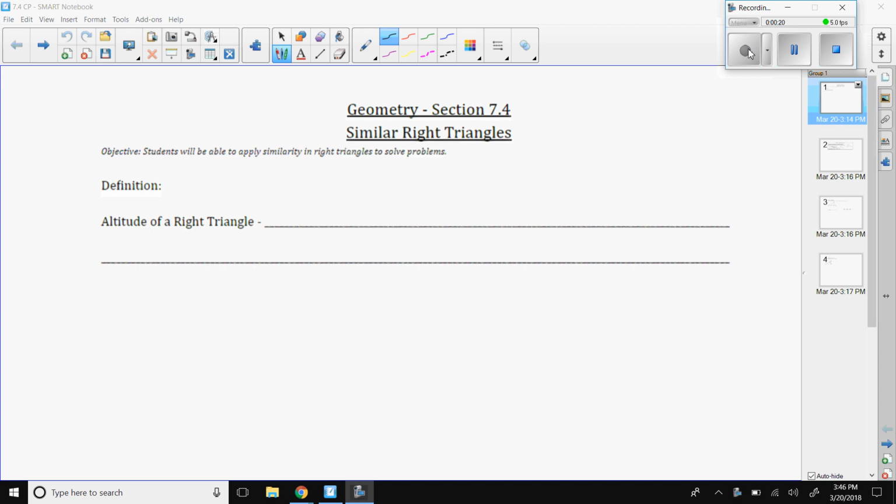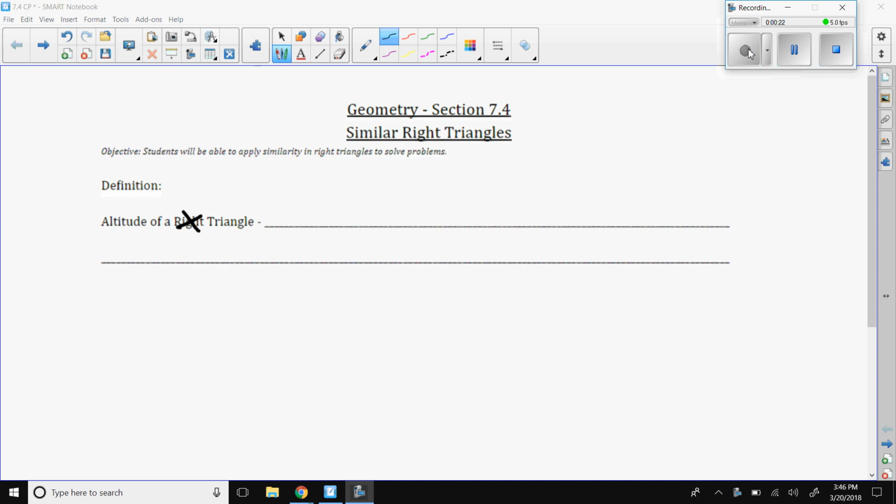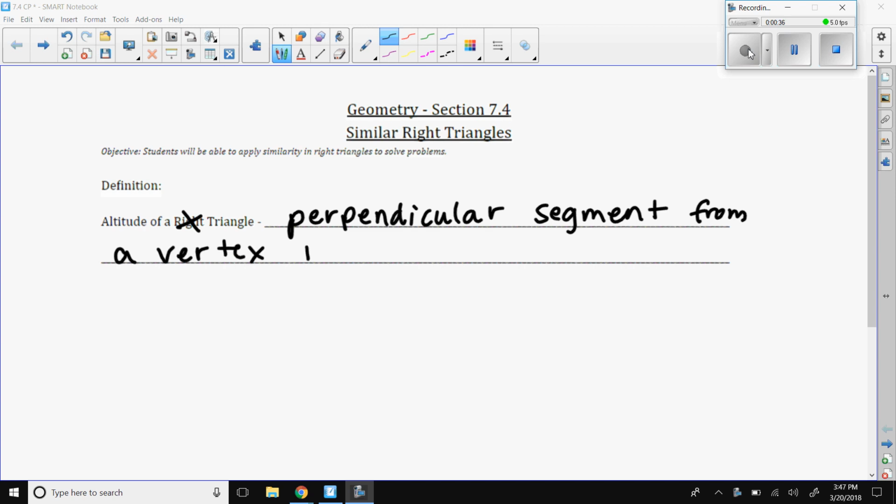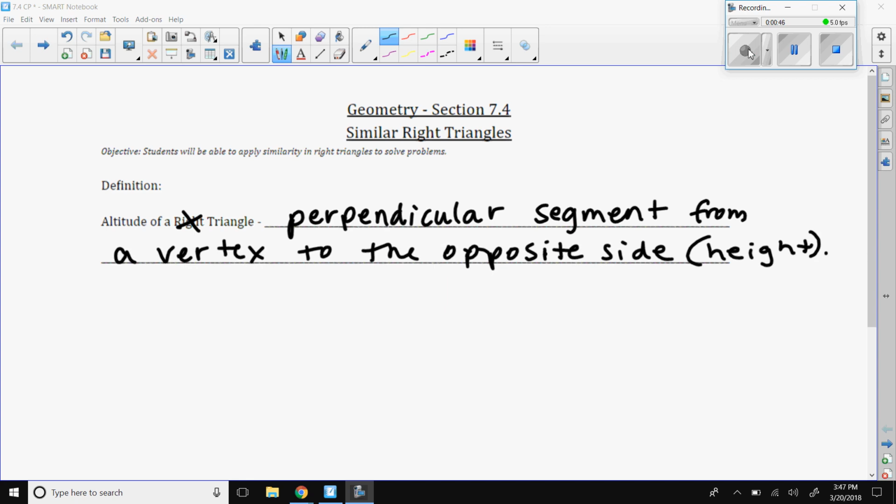For any triangle, we're talking about the perpendicular segment from a vertex to the opposite side. Okay, this is the height of that triangle.